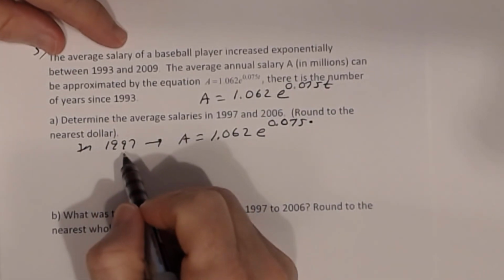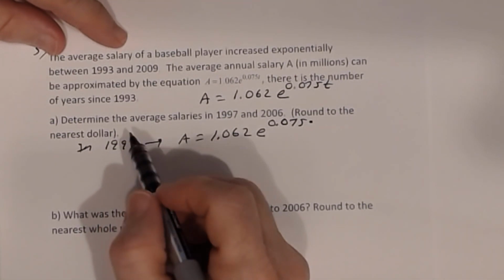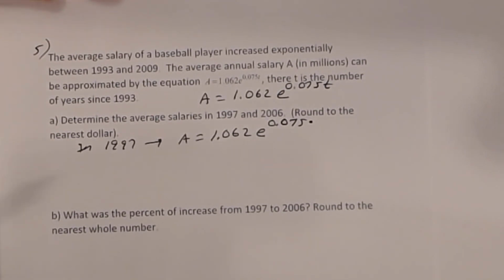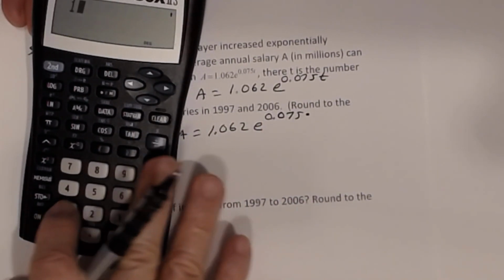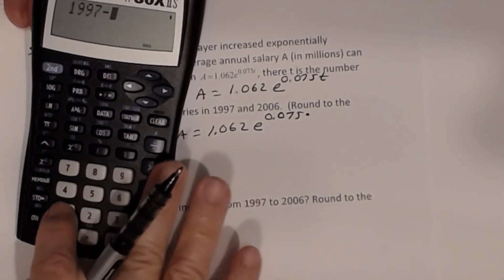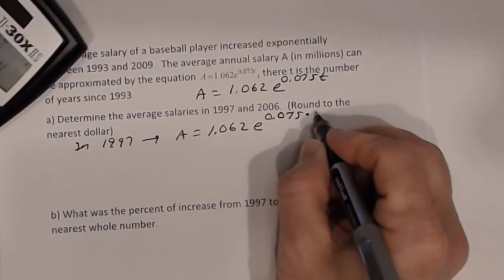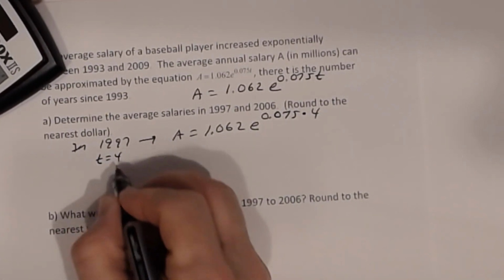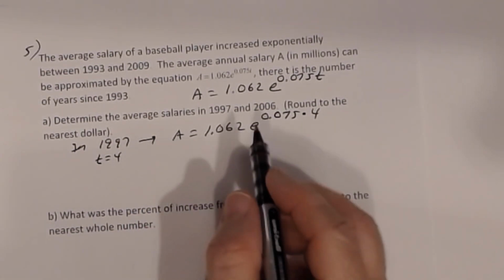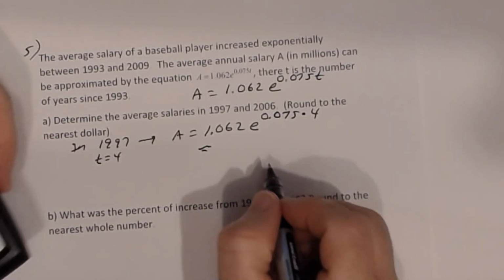Well, in 1997, how many years are there between 1993 and 1997? Well, all you got to do is just subtract the two. 1997 subtract 1993 equals 4. So T is 4 here. Okay? And so just use your calculator. And so remember, round to the nearest whole dollar.